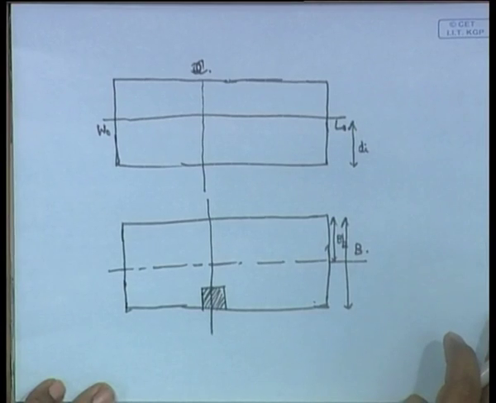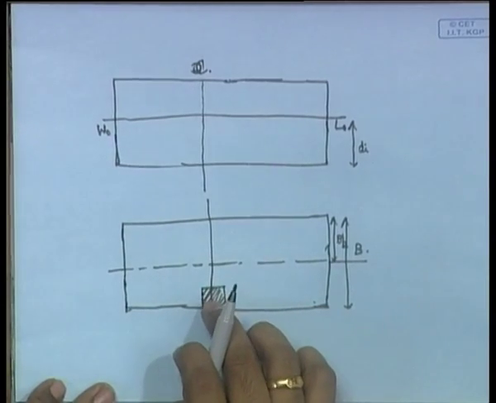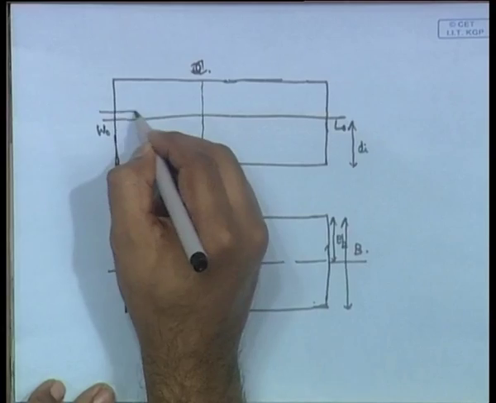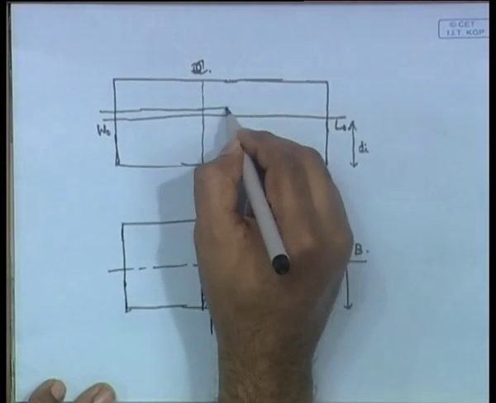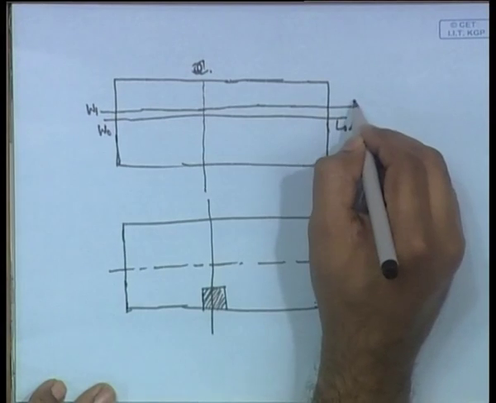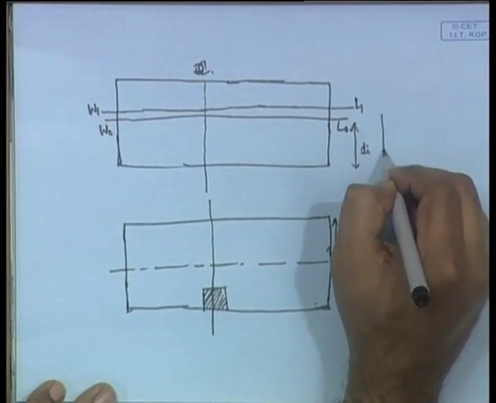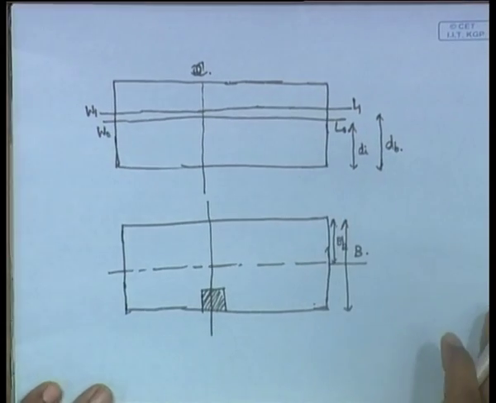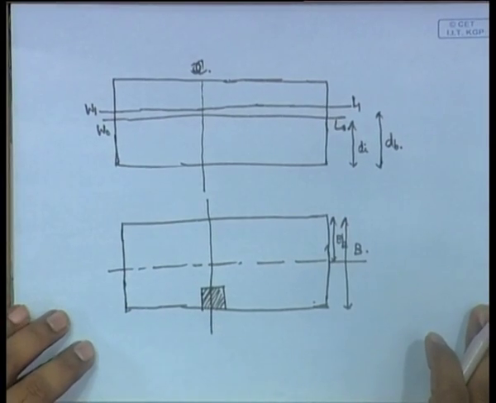So, this compartment region gets flooded, and what happens is the ship will first of all sink, and its water line is now here, W1 L1, and let us say that the water line has gone up to dB. This is your final draft, bilged draft.